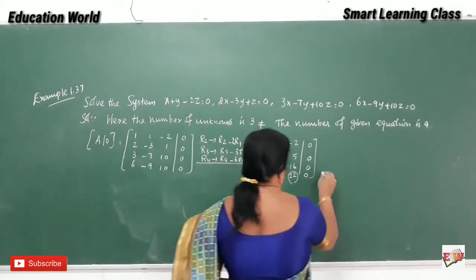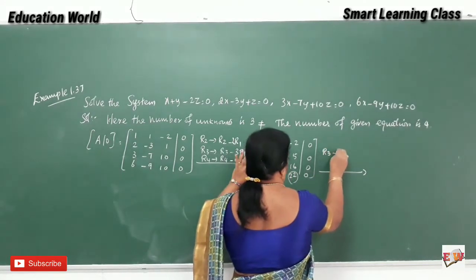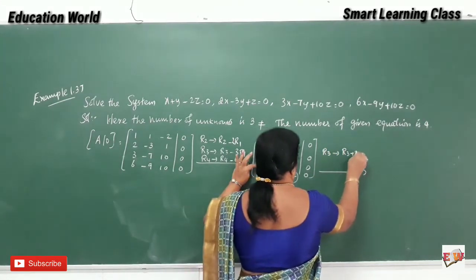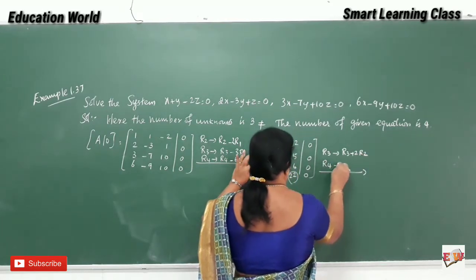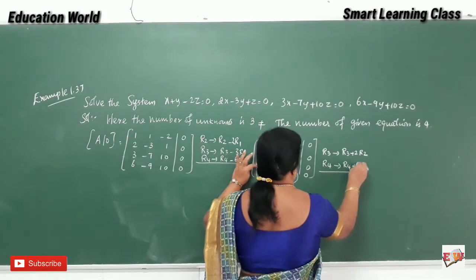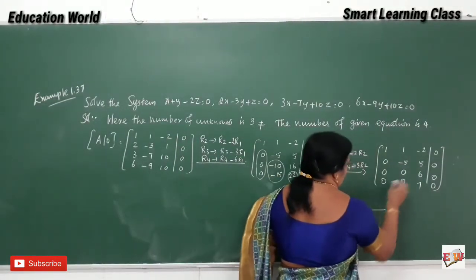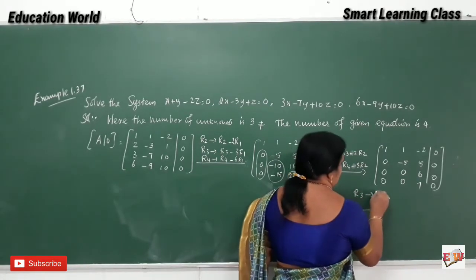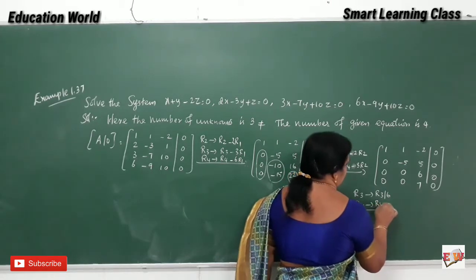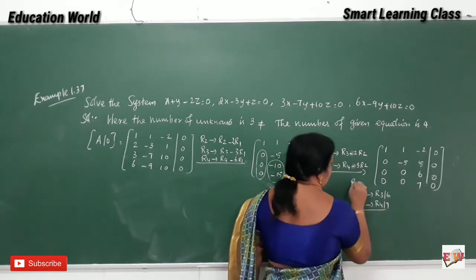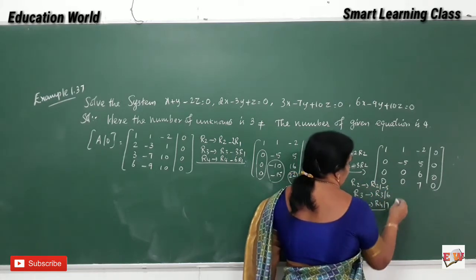So now I am going to transform R3 plus 2R2, R4 plus 3R2. Next, I am going to divide R3 by 6 and R4 by 7, R2 by minus 5.